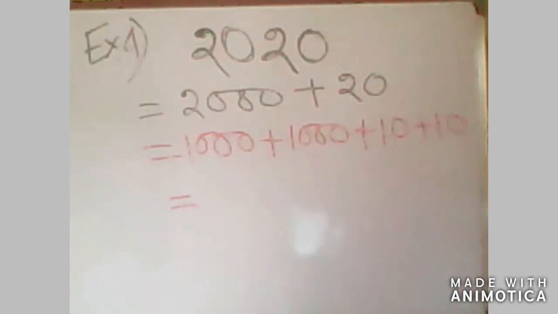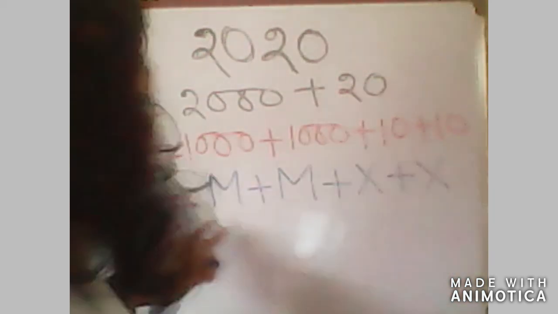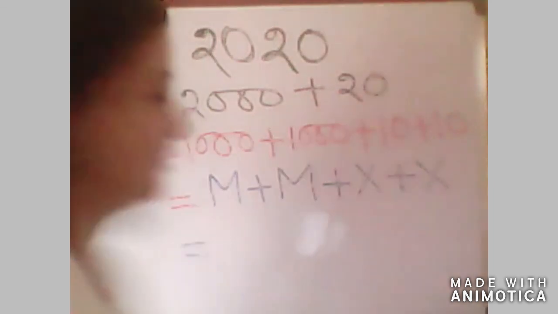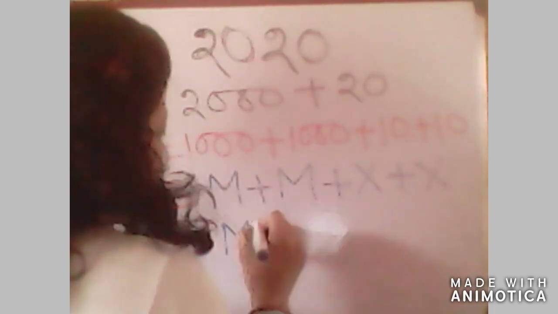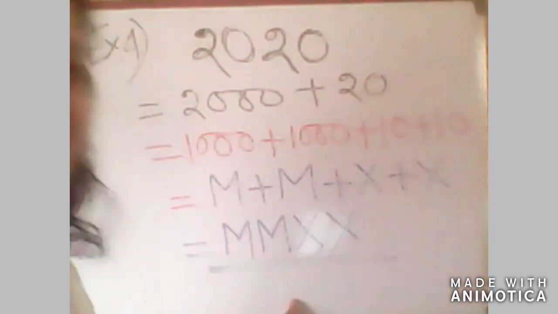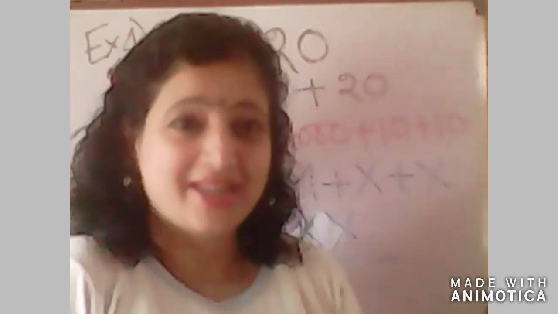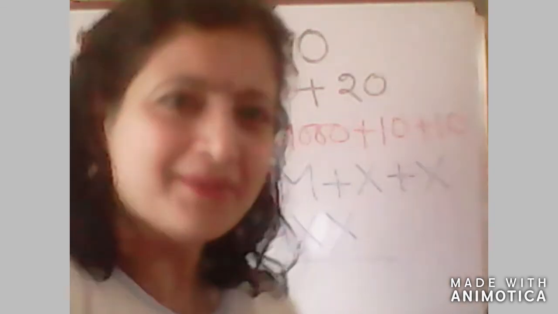Already we know it. So it gives us M plus M plus X plus X, and there is no minus sign, so we just remove the plus sign and write it. That's all. It will give us MMXX. Current year 2020 is MMXX. Okay, so now we will say, we are in the year MMXX.